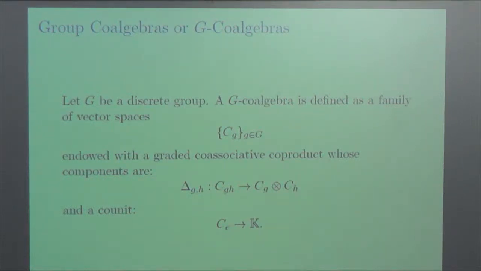You have to write carefully in detail, but it's just a graded coproduct that is co-associative, and you have a co-unit that works naturally also as a co-unit for this product. So essentially, when you have, like here, H is the identity, and then you plug in the co-units there, you get the identity in CG.